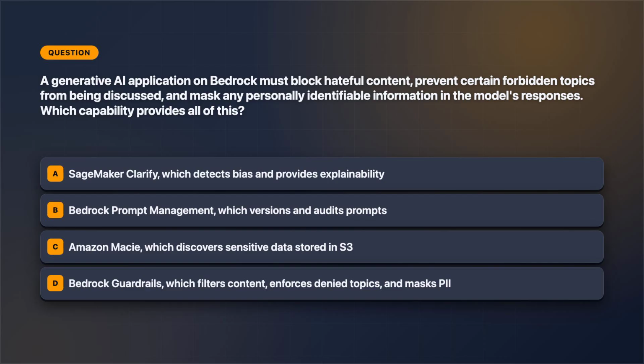Option B, Bedrock Prompt Management, which versions and audits prompts. Option C, Amazon Macie, which discovers sensitive data in S3. Or option D, Bedrock Guardrails, which filters content, enforces denied topics, and masks PII. Think about which service actually sits on the model's output.